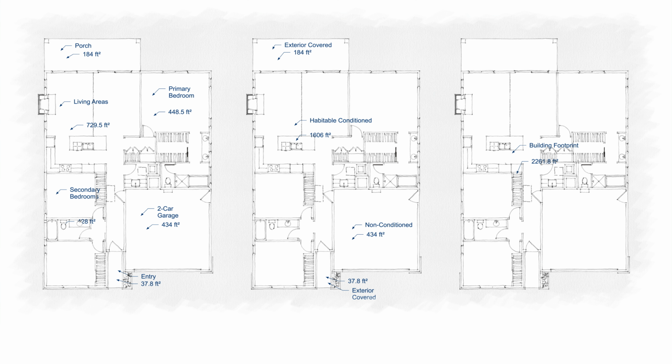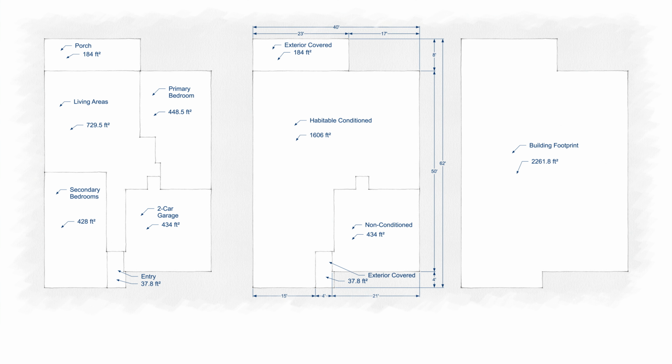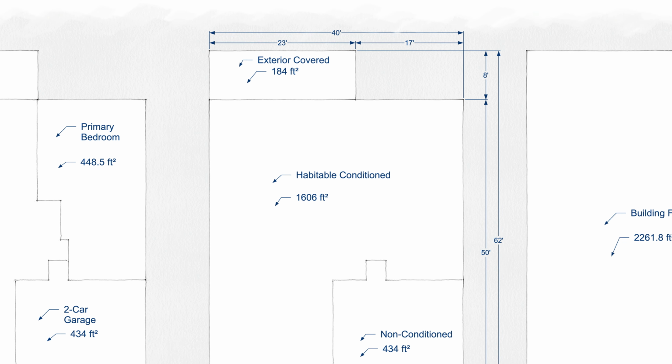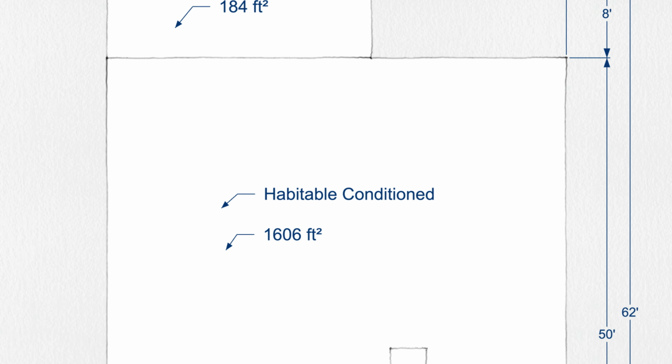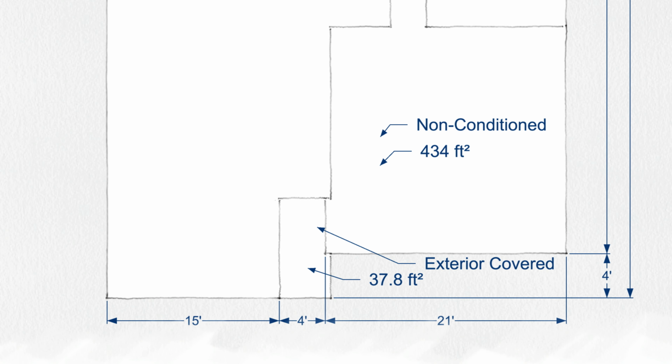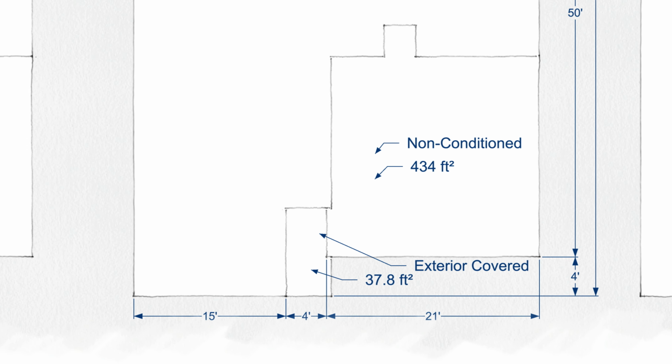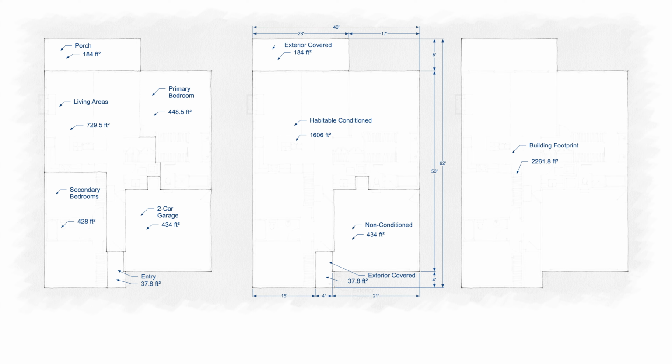Can you spot the trick that makes this design's entrance more welcoming? We only have 40 feet in width to work with, and half of that is taken up by the garage. Often, you'll see garages pushed forward, making the parking area the main focus. In this design, the garage door is set back 4 feet from the front of the house.